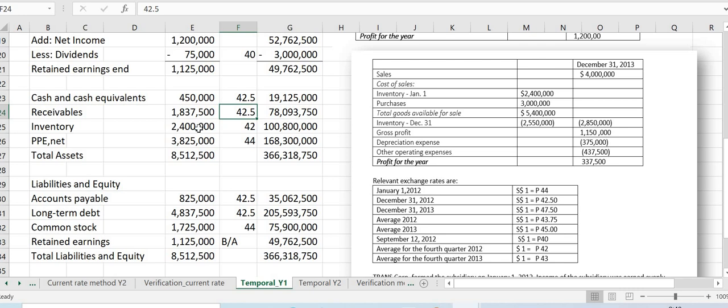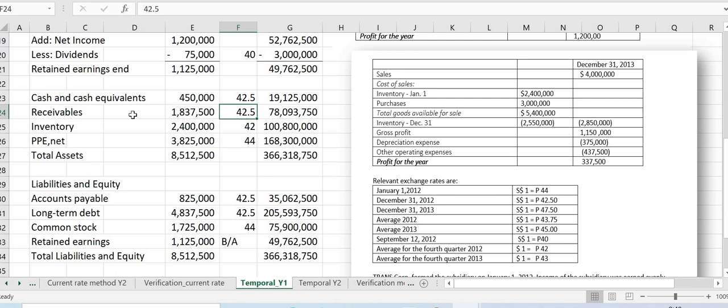Okay. And then for inventory, since it is not given when it was acquired, we will just use the average for the fourth quarter of 2012, which is actually 42. So you have 100,800,000 for the inventory.